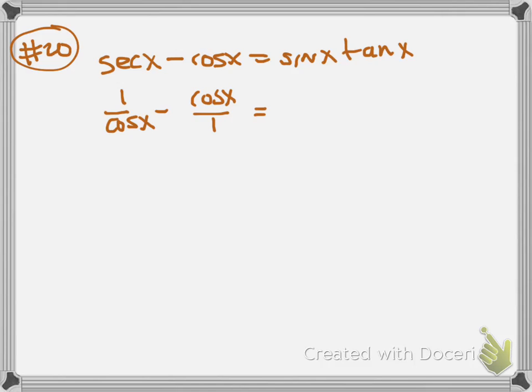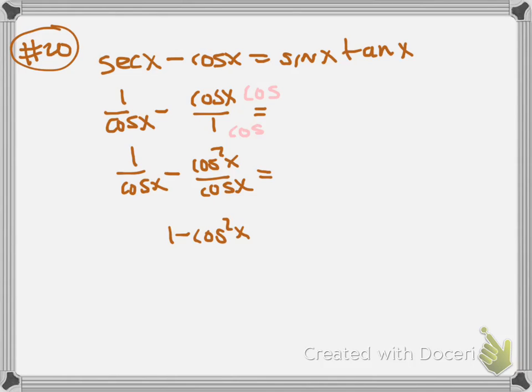In order to get a common denominator here, I'm going to multiply by cosine on the bottom and cosine on top. That will allow me to write this as 1 over cosine of x minus cosine squared divided by cosine of x, which gives me 1 minus cosine squared of x divided by cosine of x.